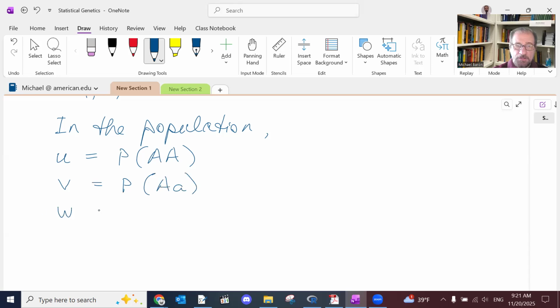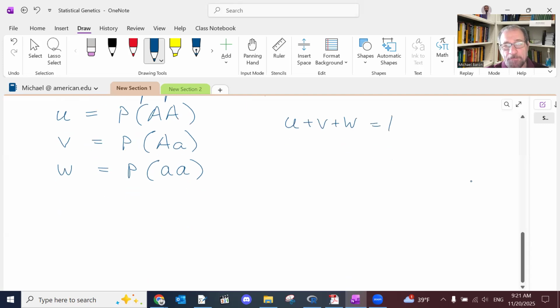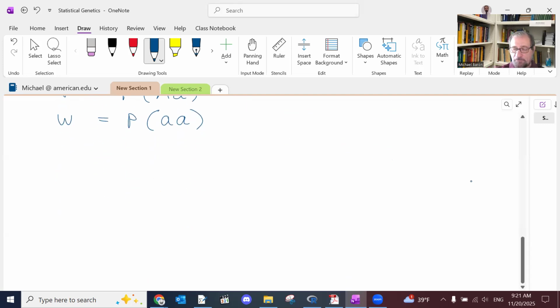And W is the proportion of recessive homozygotes. So these are three probabilities, and the sum of these probabilities, of course, should be 1, because there are only 3 possible combinations.